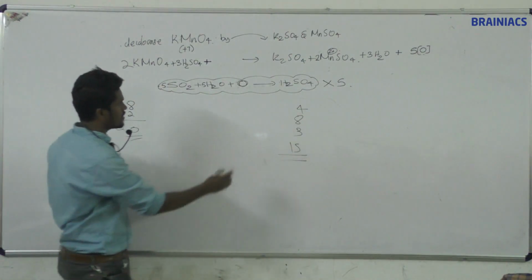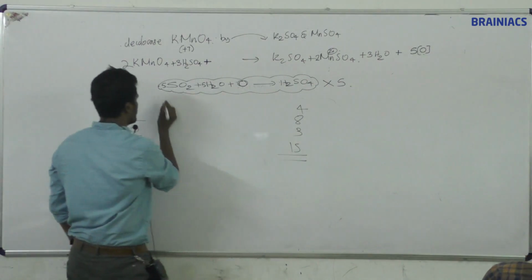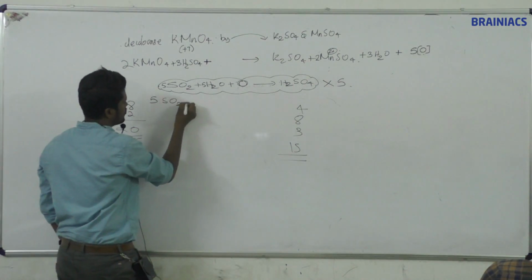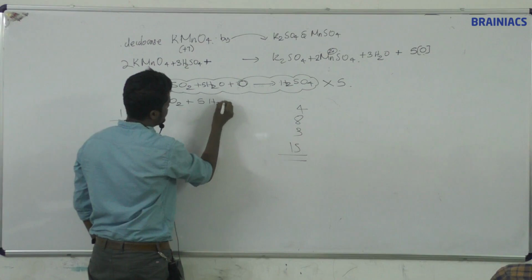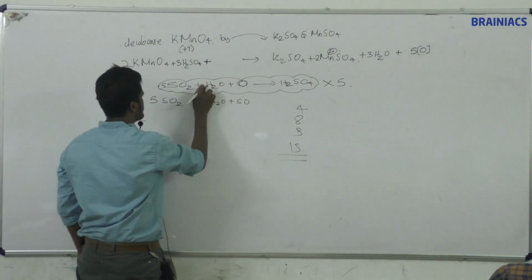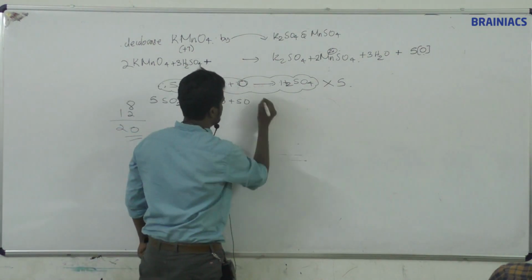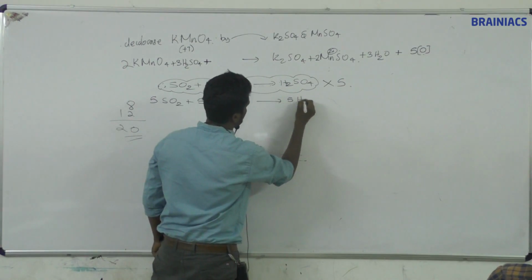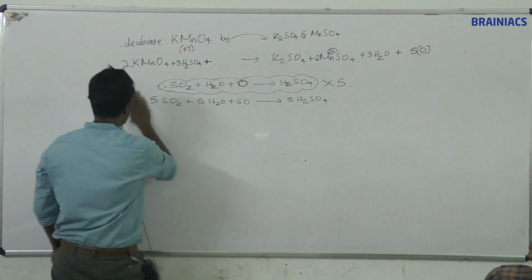This reaction is multiplied by 5: 5SO2 plus 5H2O plus 5 oxygen gives 5H2SO4.